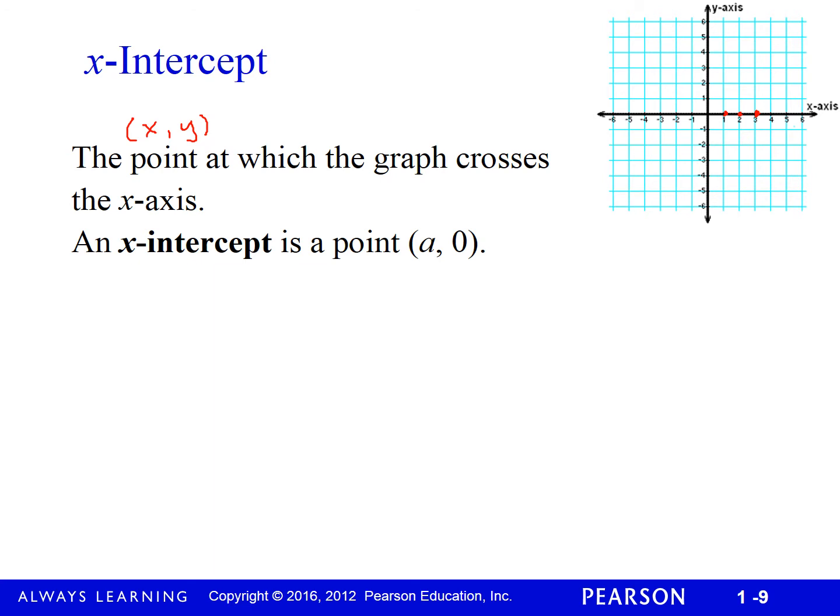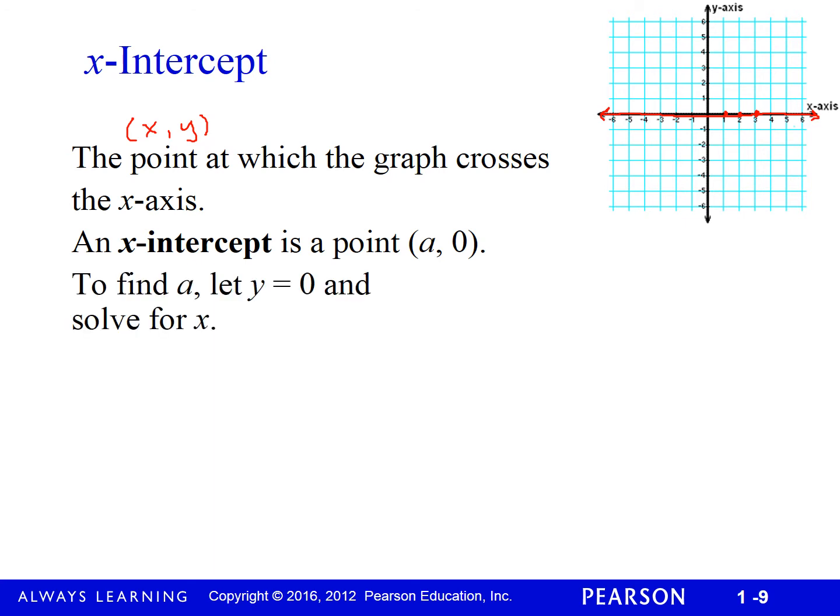And so it's interesting that if we talk about the set of all x-intercepts, what are we talking about? We're talking about all the points on this line. And what is this line? It is the x-axis. And that's where you got to be if you're going to be an x-intercept. So an x-intercept is a point (a, 0).